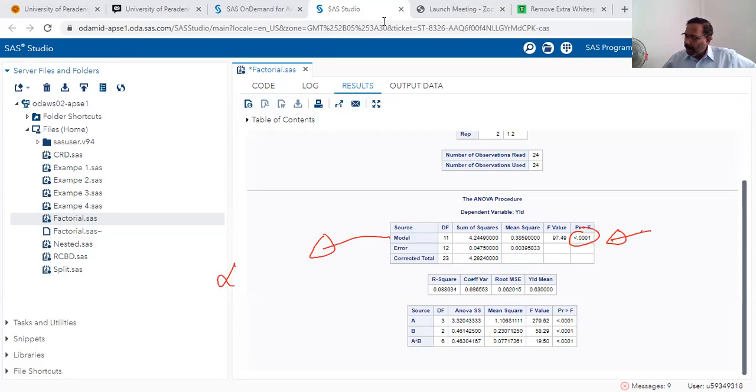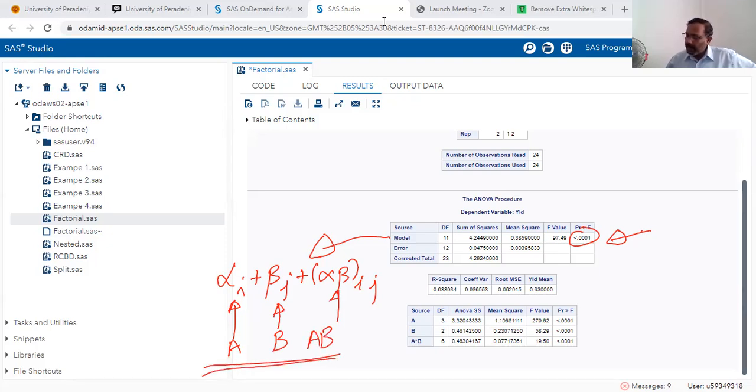It consists of alpha I, beta j, and alpha beta ij. So this is the main effect of A, main effect of B, and the interaction effect of A and B. So three effects are cumulatively given as the model. That is how SAS gives it, and most software gives it like that.